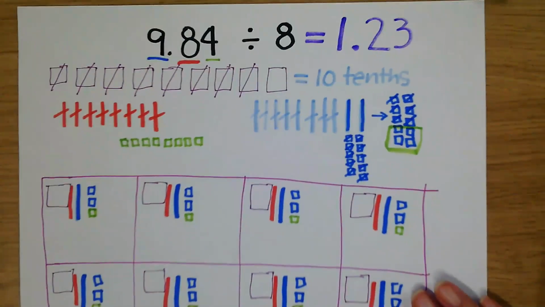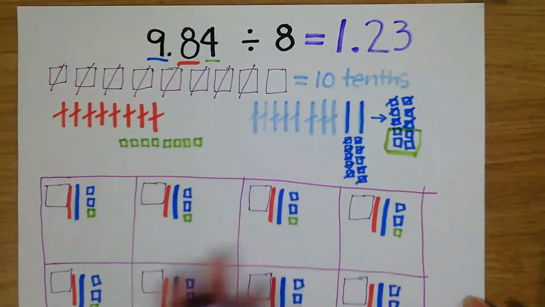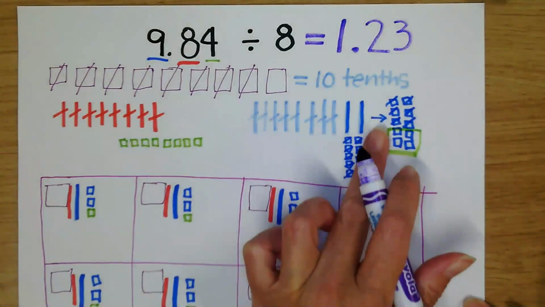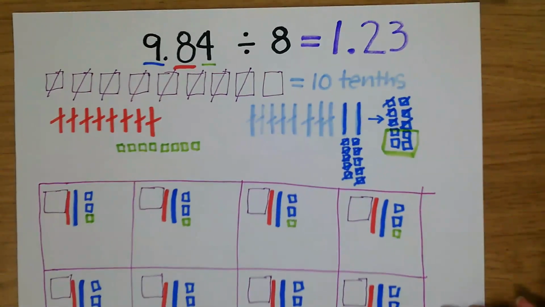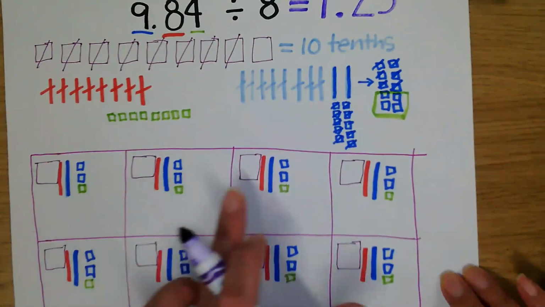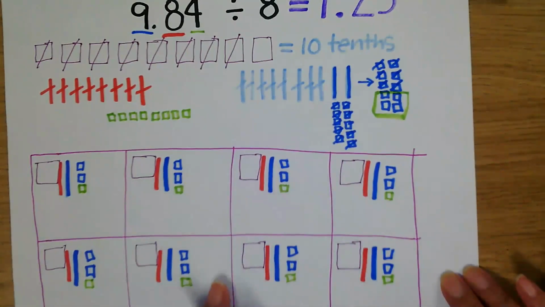We don't have any remainder. We used every single digit and we divided them among 8 different groups.